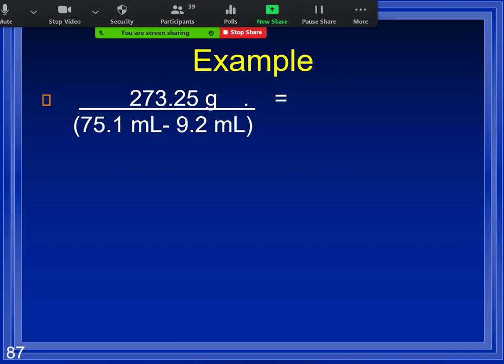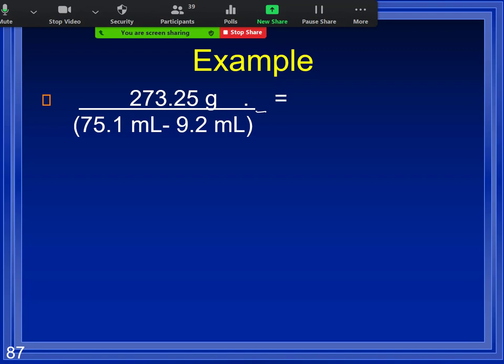Okay, so if I want to do this problem, 273.25 grams divided by 75.1 milliliters minus 9.2 milliliters. Okay, I recognize that this is subtraction and that's division.